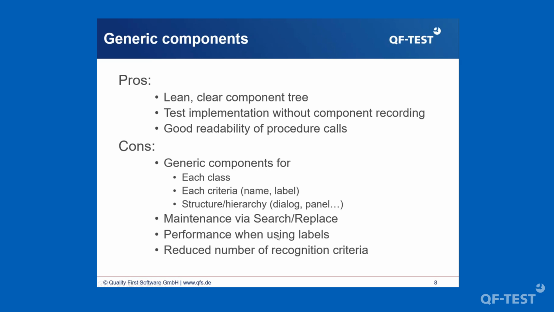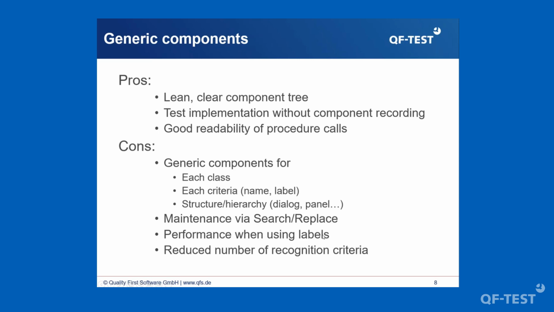Yeah, then sometimes you get performance issues when you're using labels, not with names for variables, because when you open a page, then QF-Test will create a hash map of all the names, and that's as performant with variables, generic components, as with the others.